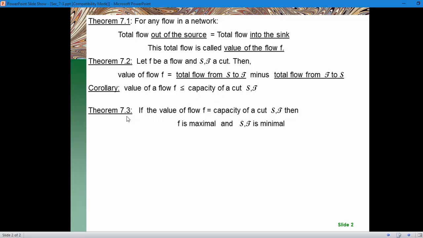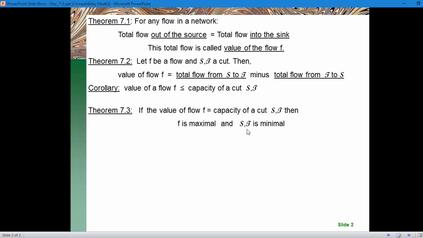In fact, theorem 7.3 says that if you do find a cut where there is no more room to increase the flow, which means the flow is equal to the capacity, then you just found a maximum flow and a minimal cut. So that minimal cut is what we call the bottleneck, right?